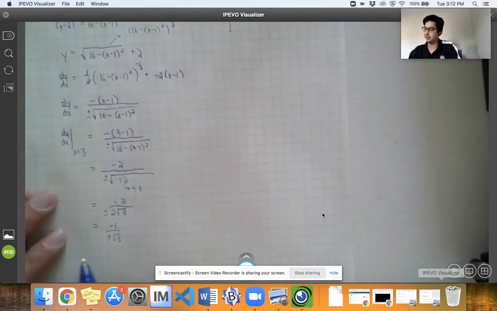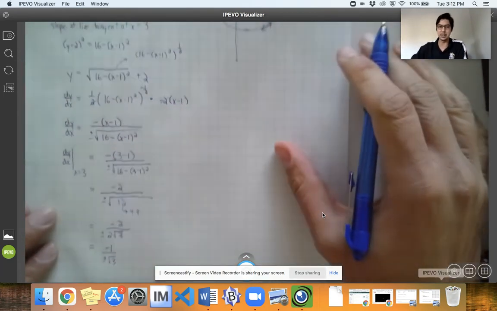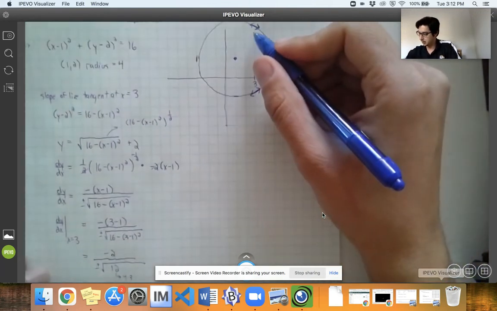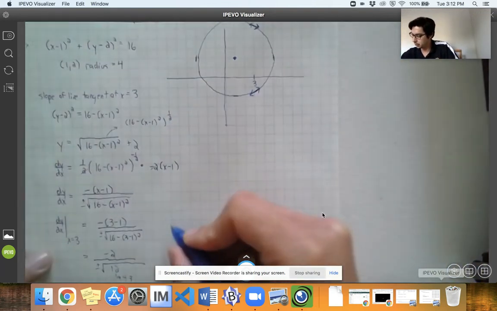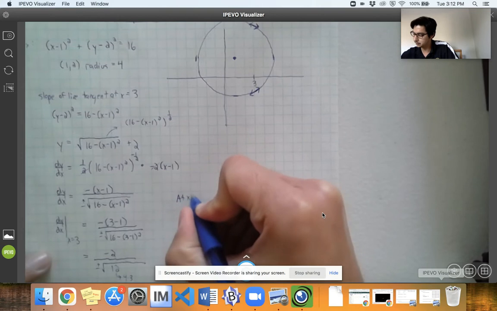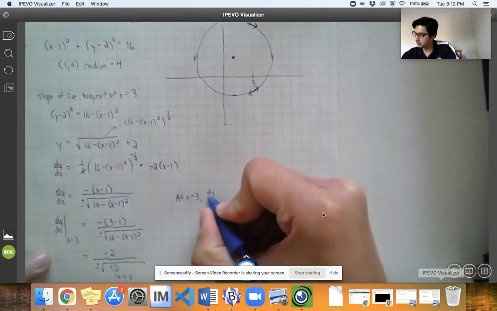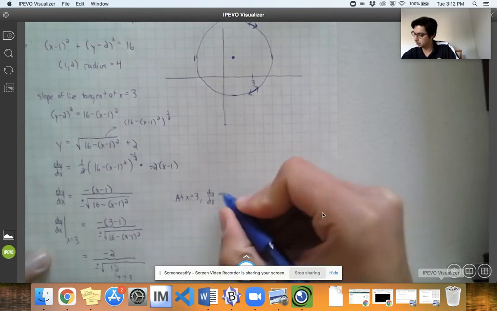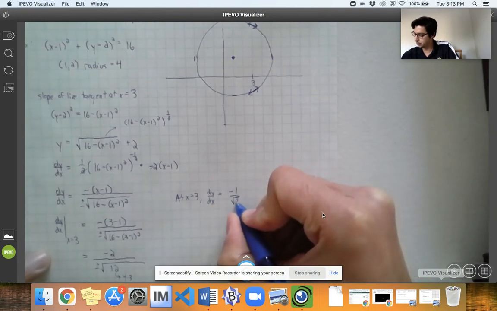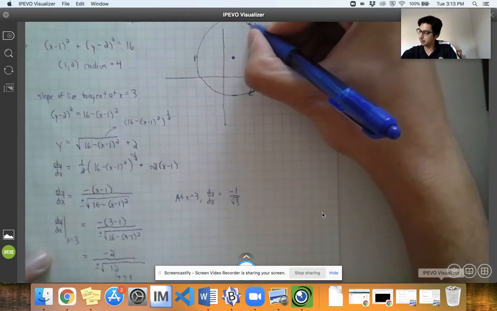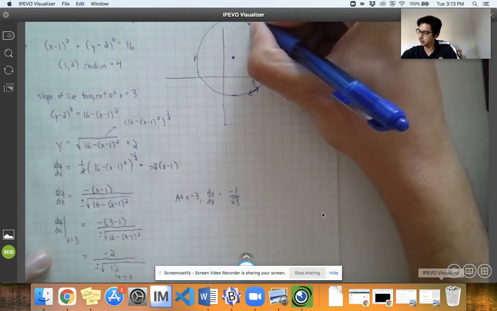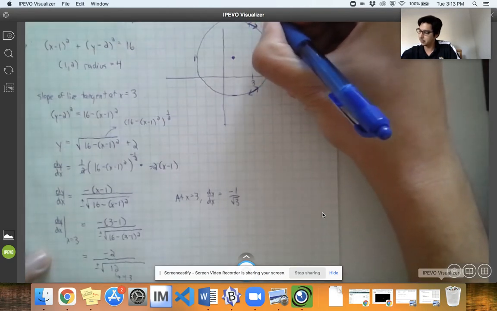So what I can see from this picture is that at x equals 3, dy/dx is going to equal negative 1 over root 3. And that looks like that's happening at this one, where the slope here, if I use m, equal negative 1 over root 3.